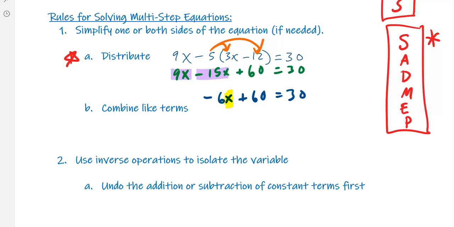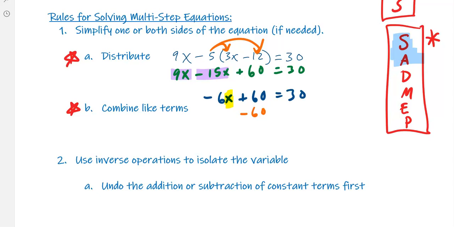So the first thing we're going to do, after we've distributed and after we've combined like terms, is undo any addition or subtraction, right? That's where SADMAP comes in. We can see here that, because we're trying to get x by itself, there's a 60 that's being added. And so we would subtract 60.